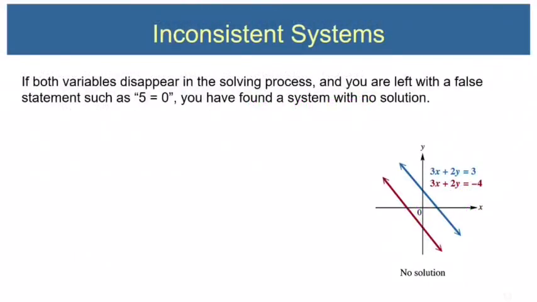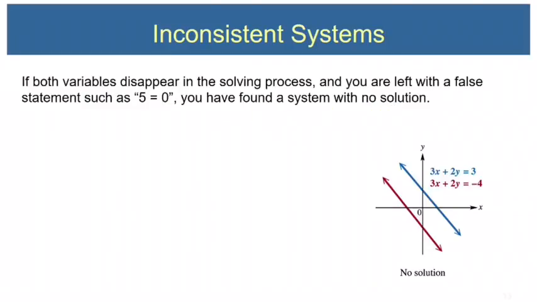Now we're going to talk about some of those special systems that we mentioned way back at the beginning of the section. If you're solving and both variables disappear in the solving process, and you're left with a false statement such as 5 equals 0, you have found a system with no solution.